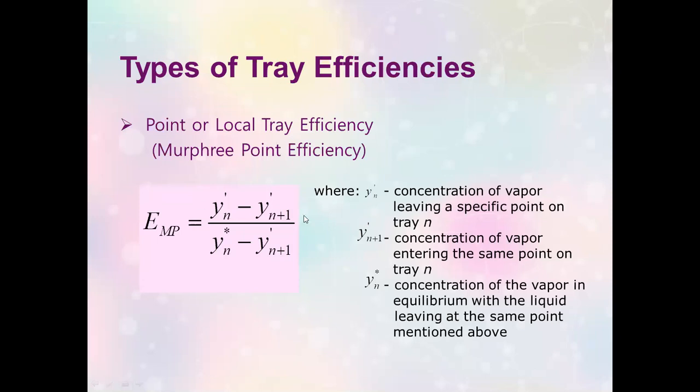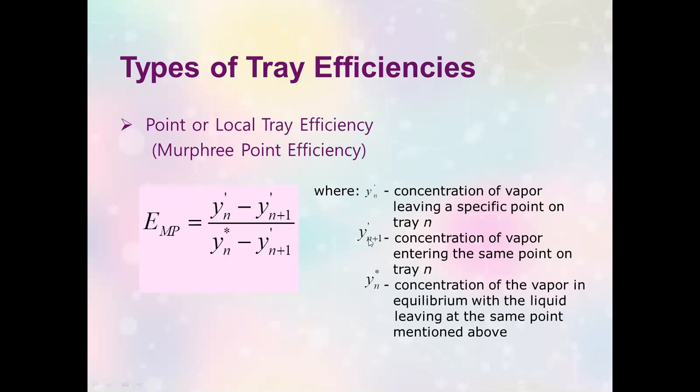And that is why John Couples made it specific to write it, or distinguishes it from the one that is used in Murphree efficiency, with the use of the primes here. The only thing that was intact is the y sub n asterisk. The rest have the primes already. So y prime sub n is the concentration of the vapor leaving a specific point on tray n.